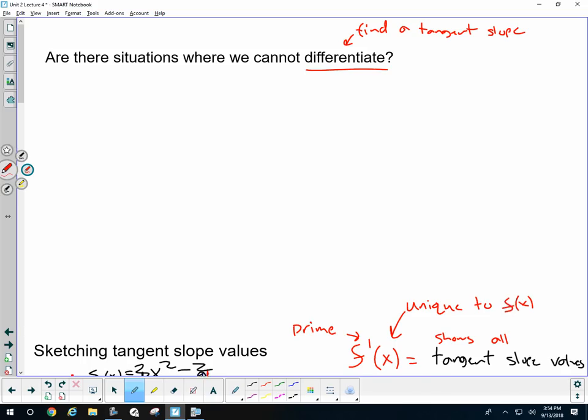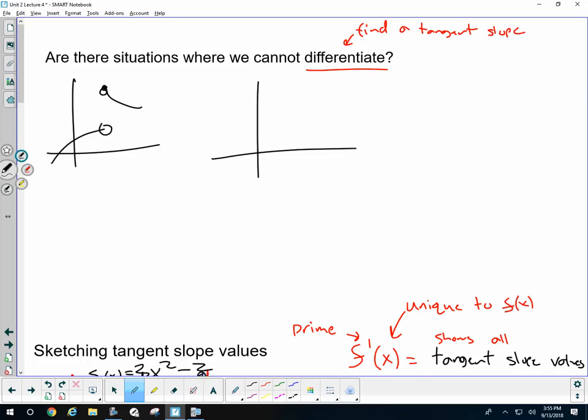What do you think, Ms. Belmares? Do you have any ideas for locations where we probably don't have a tangent slope? Yes. Actually, all discontinuities, including holes. If we have a jump, it's like, where do I draw a tangent line? Do I draw it here? Do I draw it there? So, no tangent slopes at jumps.